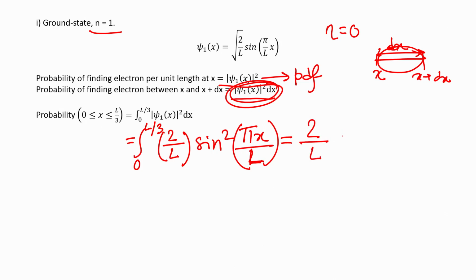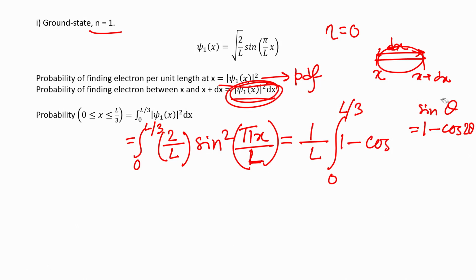So 2 by L, integration over 0 to L by 3. You can take this 2 inside, so it will become 2 sine square theta, and 2 sine square theta is equal to 1 minus cos 2 theta. So you plug in here 1 minus cos 2 pi x by L, and there will be one dx.